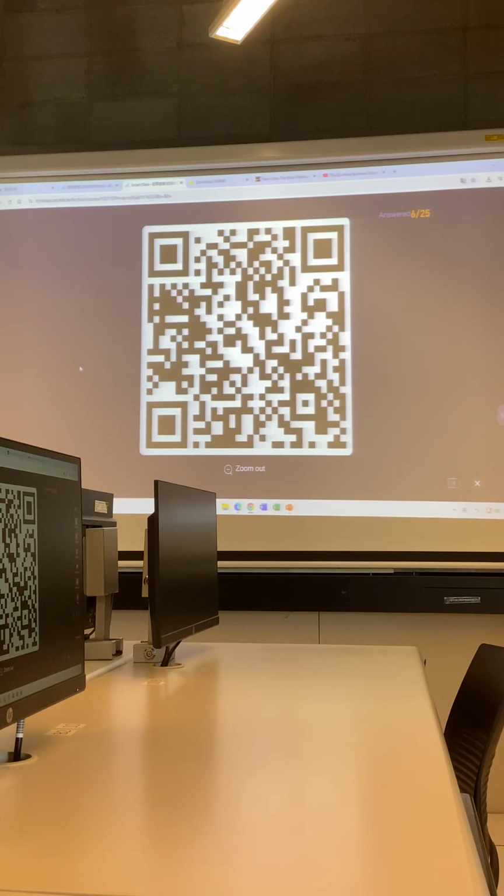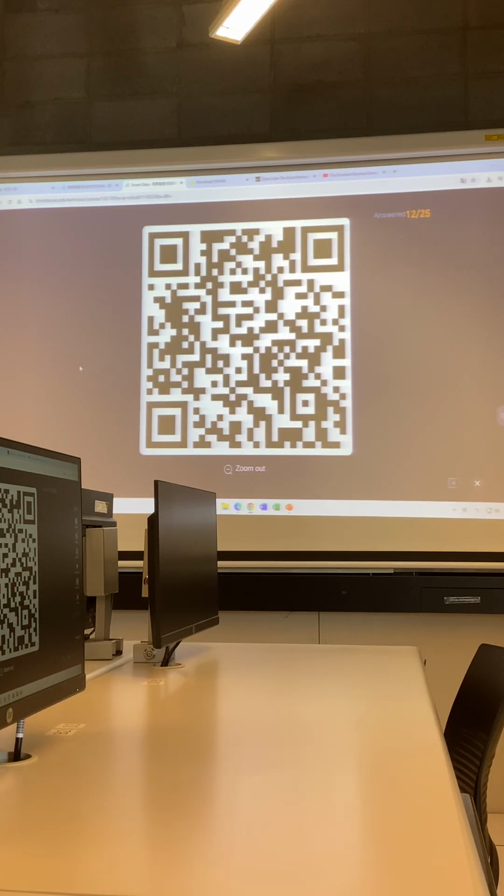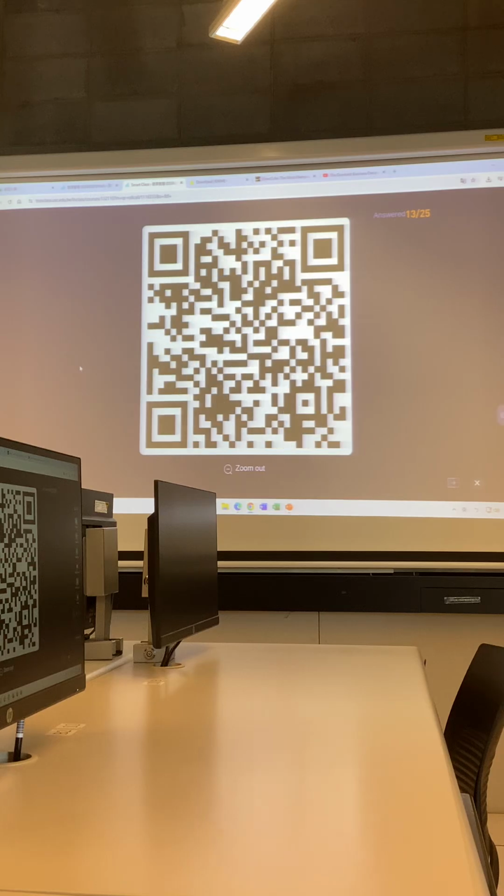You can check your attendance in the Tron class: go to the courses and then to attendance, and you can see your attendance weekly there. I noticed that some students still don't know how to check it, so please check your own attendance.